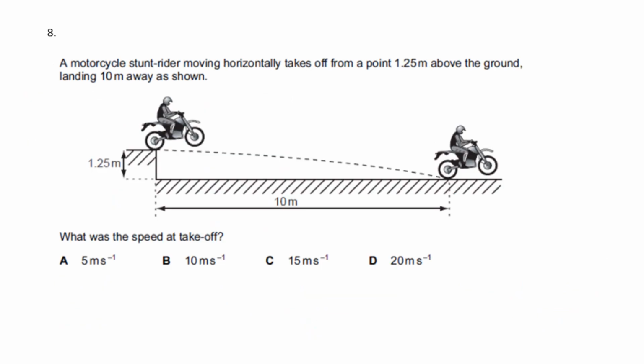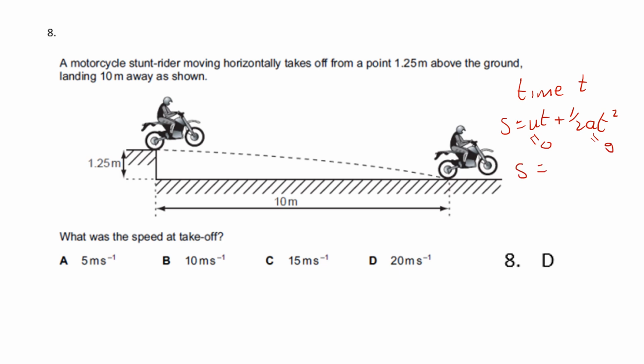Question 8. A motorcycle stunt rider moving horizontally takes off from a point 1.25 metres above the ground, landing 10 metres away as shown. What was the speed at takeoff? First thing here is to consider the vertical component to find the time t. We can use a suvat equation, s equals ut plus a half at squared, where the initial vertical component of velocity is 0 and a is equal to g.